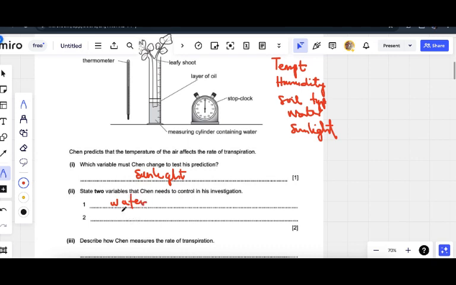You can control temperature, right? You can control humidity, right? You can control the soil type and so on and so forth.